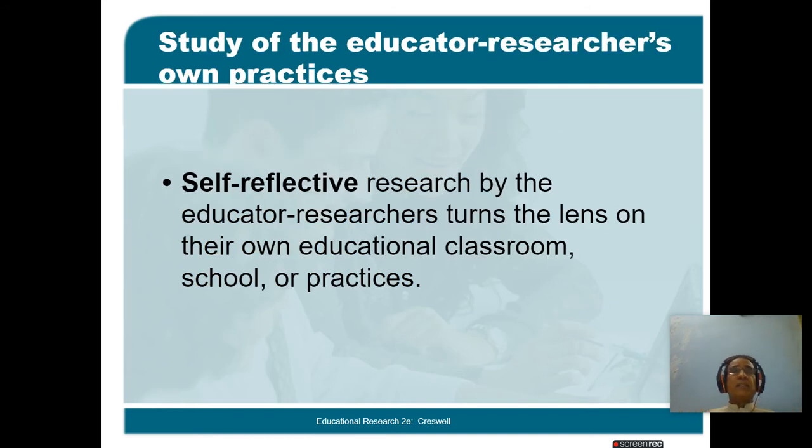It is a study of educator researchers on practice. It's self-reflective research by the educator researchers, turned on their own education, classroom, school, and practice, and it's very useful for solving local problems.